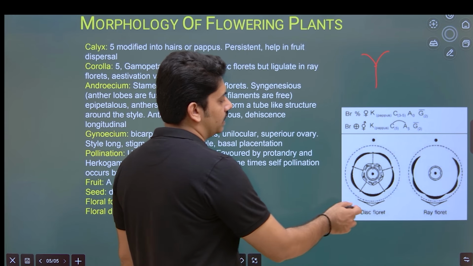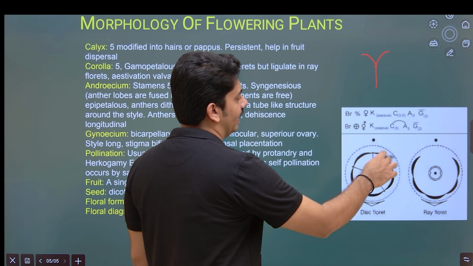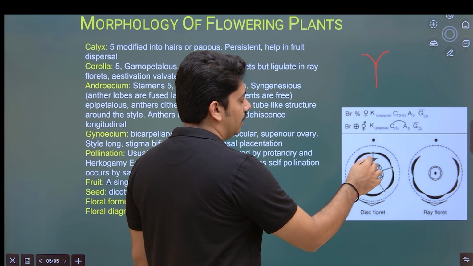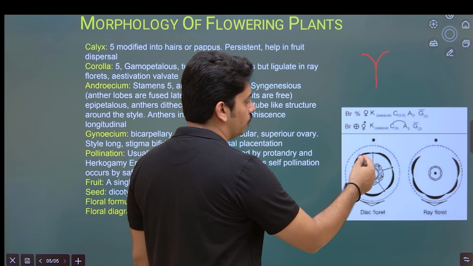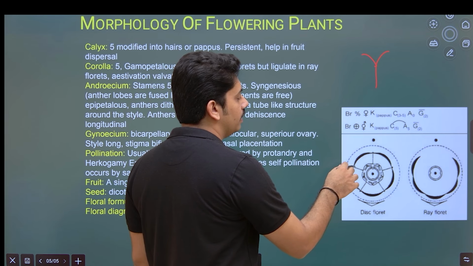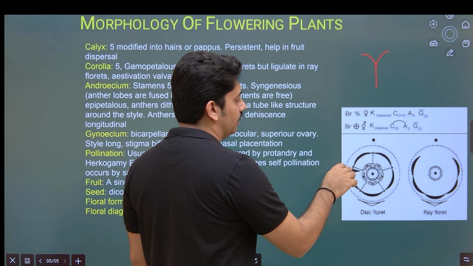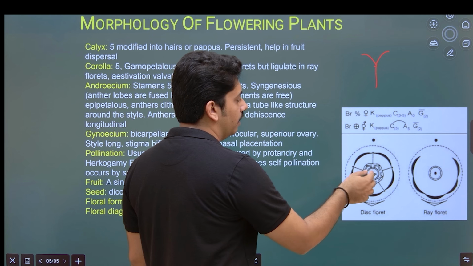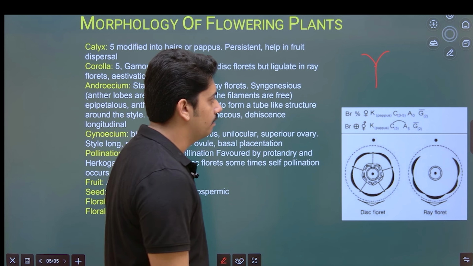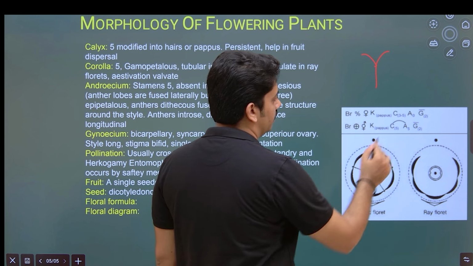In the case of disc floret, the outer dotted lines are represented by pappus and the inner one is corolla. They are fused, so gamopetalous condition. Then androecium is originating from the petal, so it is epipetalous condition, and gynoecium bicarpellary syncarpous. So here it is given.